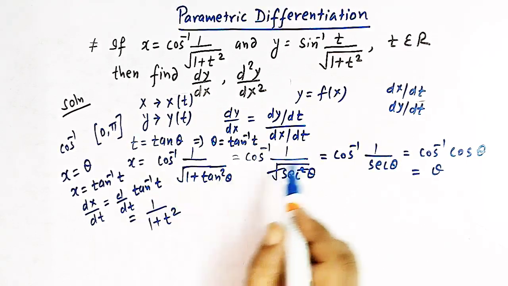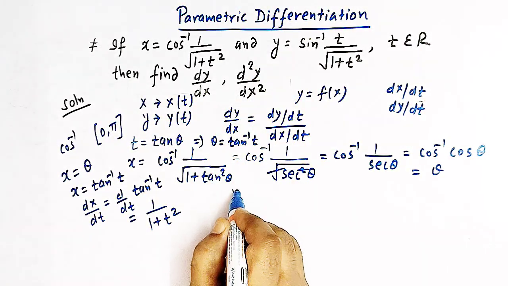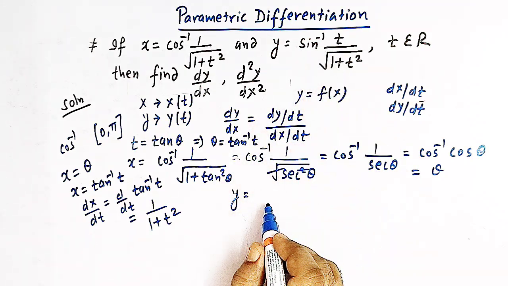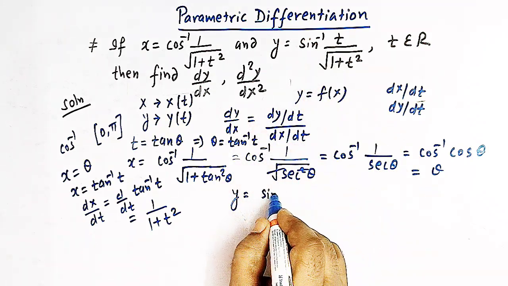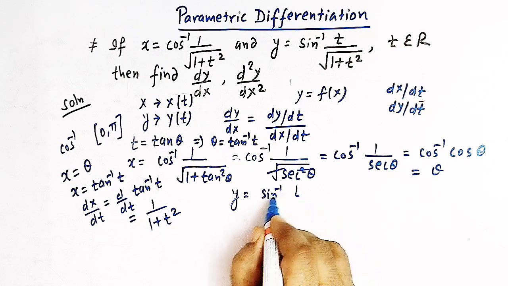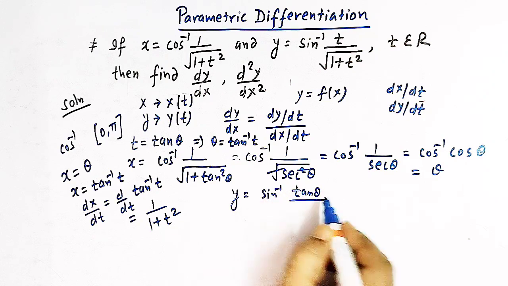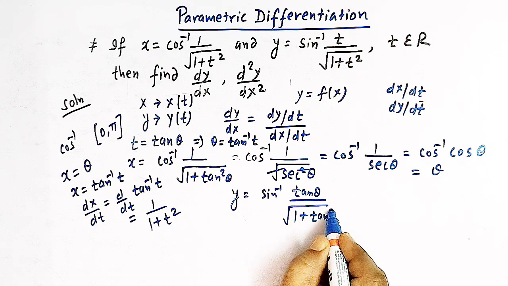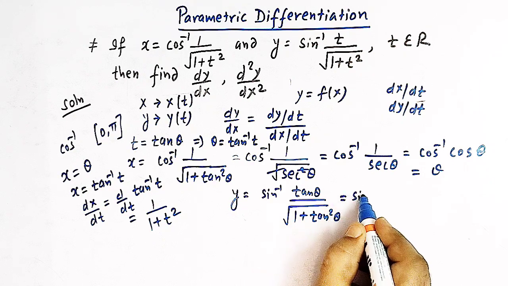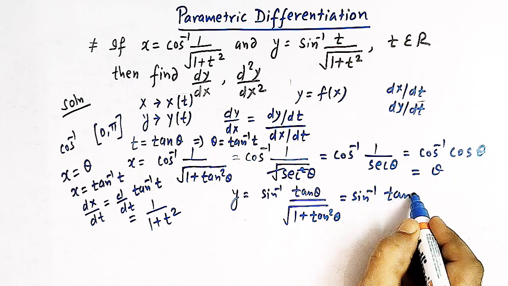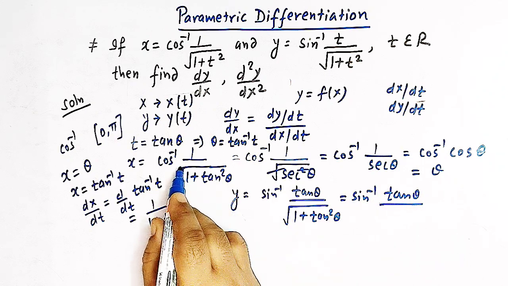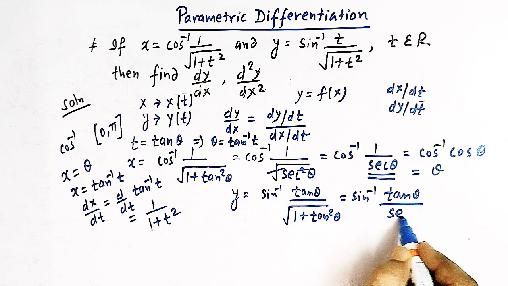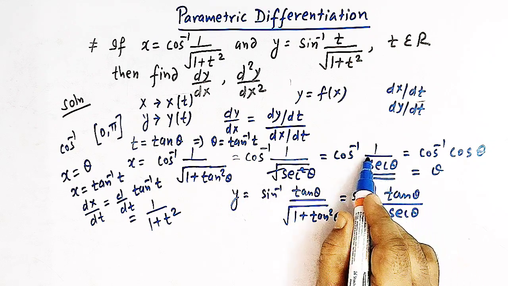Now similarly, we can simplify y. y is sine inverse of t over square root of 1 plus t square. Putting tan theta for t, we have sine inverse of tan theta over square root of 1 plus tan square theta, and the square root of 1 plus tan square theta is equal to secant theta, as we have done in the previous case.